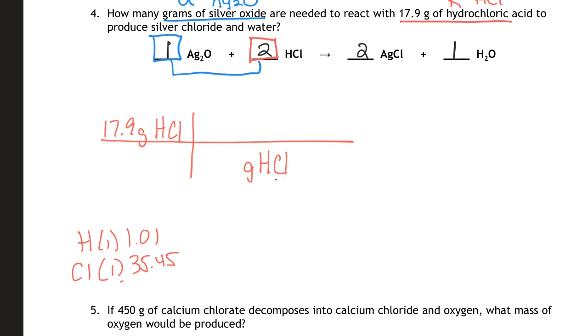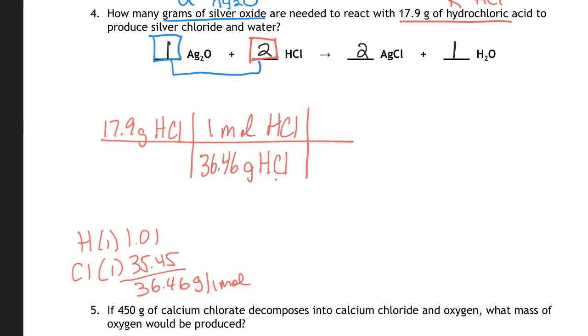There's only 1 of each, so I can just add them together, and that's going to give me 36.46 grams per 1 mole. So that's going to go here, per 1 mole of HCl.